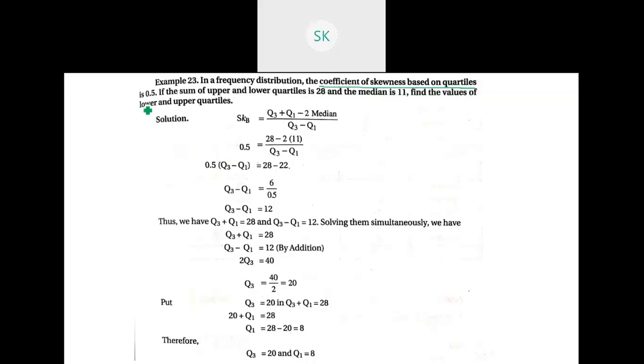They have given us SKB, the coefficient of skewness of Bowley, to be 0.5. Directly they have given.